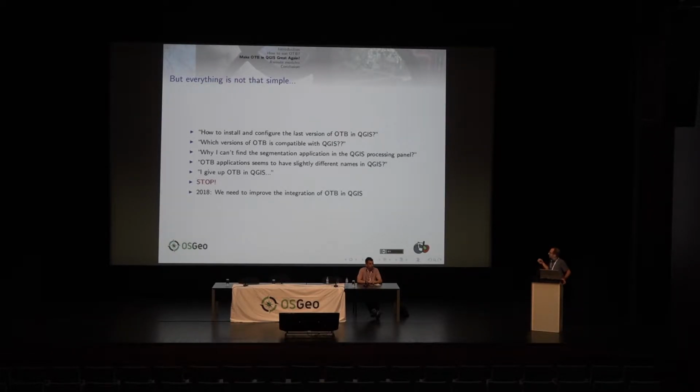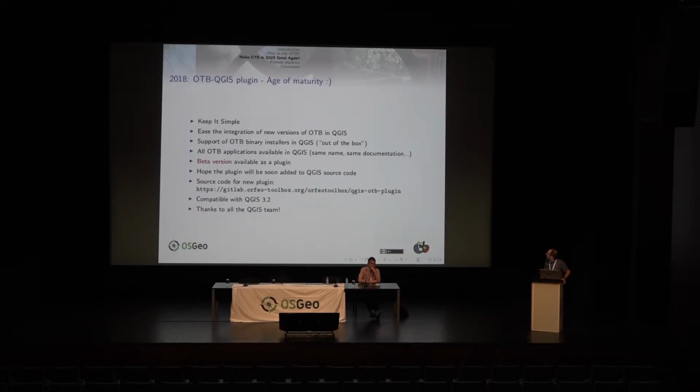The applications were split because we were missing some components in the processing framework to represent, for instance, groups of parameters that are optional or things like that. So in the end, it was not that good, at least from my point of view, and we had many users just giving up, so that's bad. So we decided just this year that this could no longer last, and we need to rework this to get a proper integration.